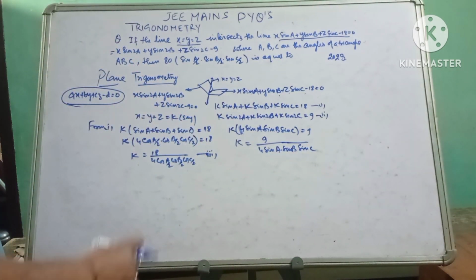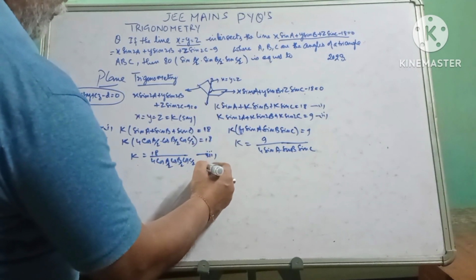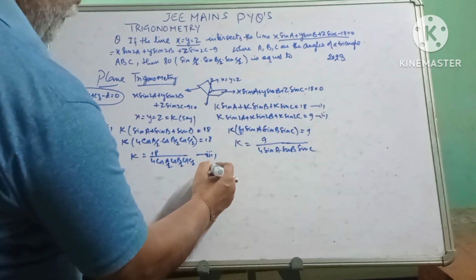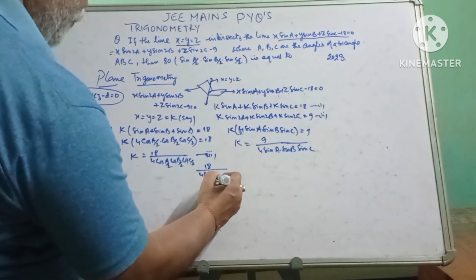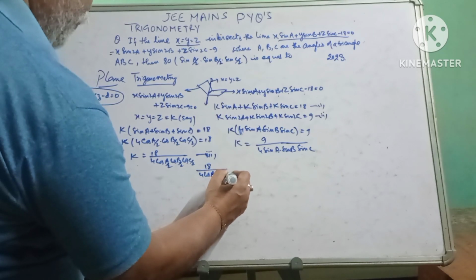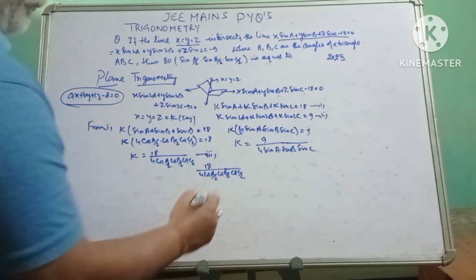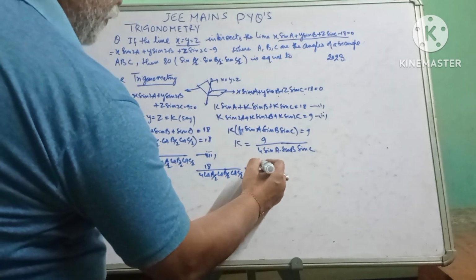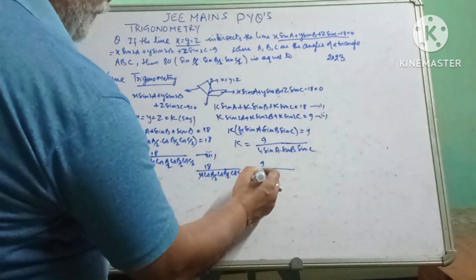Now here you see both the values are k, so you can equate them. So you are going to get 18 by 4 cos A by 2 cos B by 2 cos C by 2 equal to 9 by 4 sine A sine B sine C. The 4 and 4 cancel out.